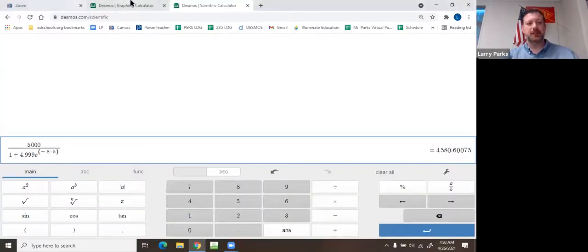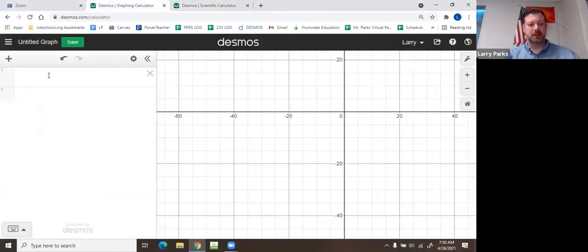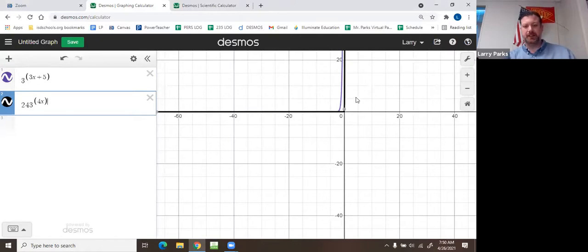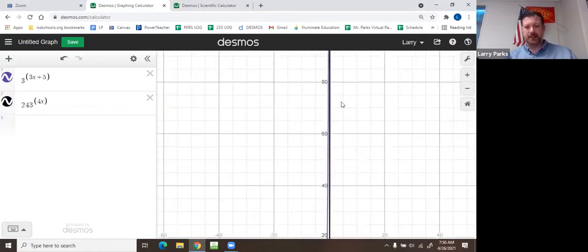So the first one was 3 to the, and I have to put that in parentheses because they're all in the exponent, 3x plus 5. And the other one is 243 raised to the 4x. And all I need to do is see where those intersect.